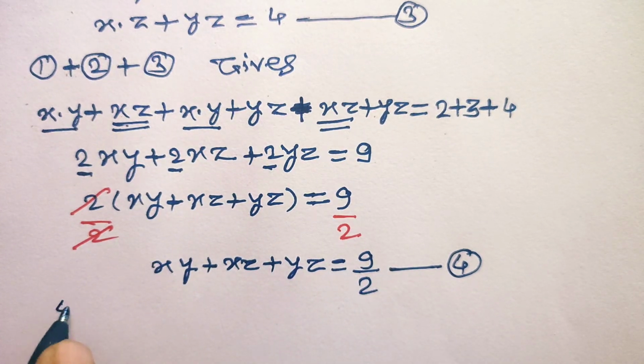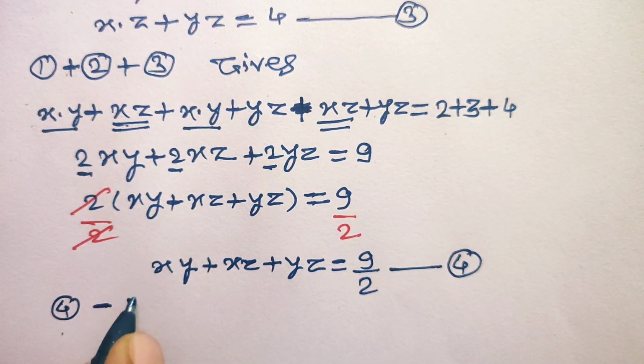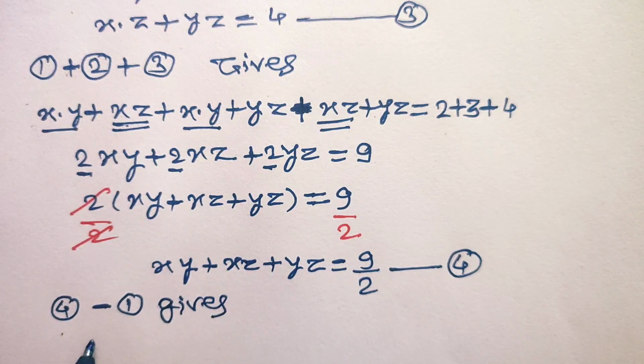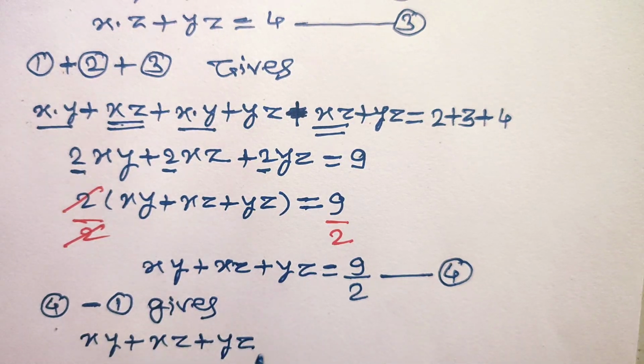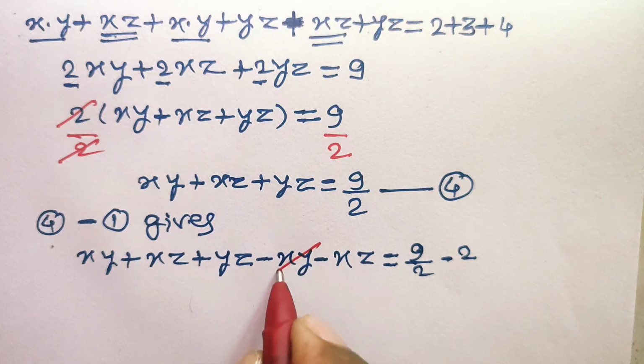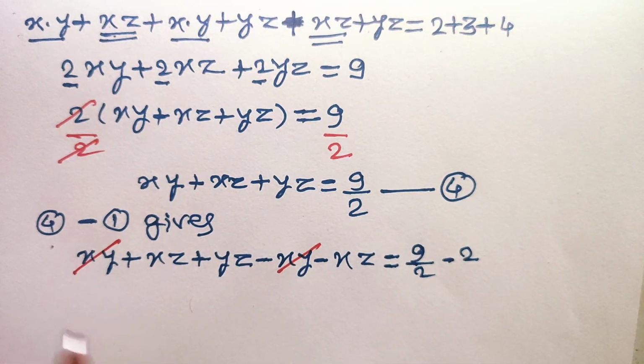Now equation 4 minus equation 1, this gives (xy + xz + yz) minus (xy + xz) is equal to 9/2 minus 2. This xy cancels with this xy.